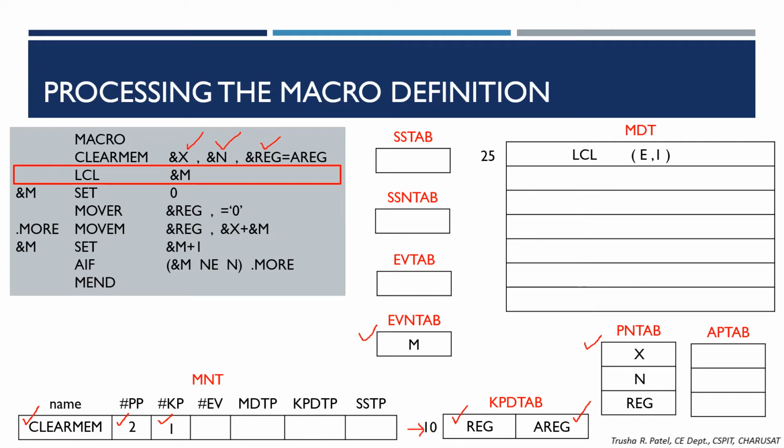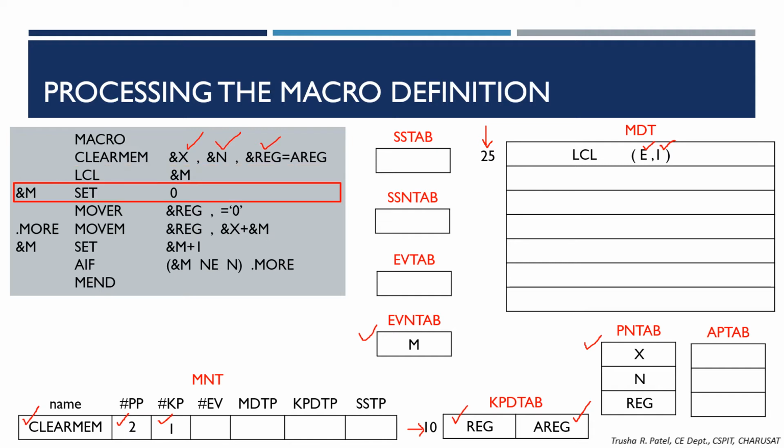The mnemonic will remain as it is, and instead of the name of the expansion time variable, we will put the entry E, as it is an expansion time variable, and it is available at the first index in the EVNTAB. That's why the index is 1, right? And here 25 is again some memory location where the MDT is located inside the memory.